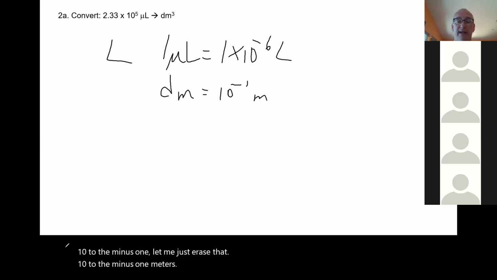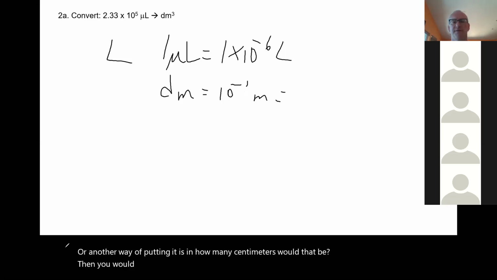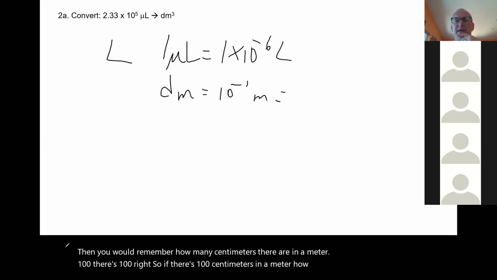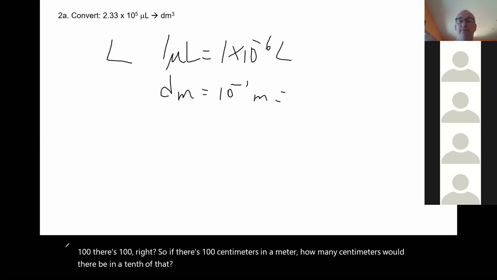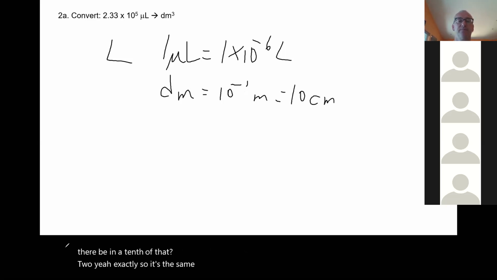Or another way of putting it is, how many centimeters would that be? Anyone remember how many centimeters there are in a meter? There's 100, right? So if there's 100 centimeters in a meter, how many centimeters would there be in a tenth of that? 10. Exactly. So that's the same as 10 centimeters.